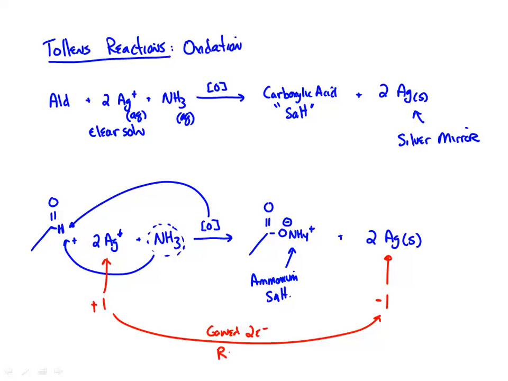And therefore, that's our reduction. And if we take a look at our aldehyde, this must be our oxidation because we gained a bond to oxygen, right? Now, we could go and calculate the oxidation state of the atoms in that molecule.